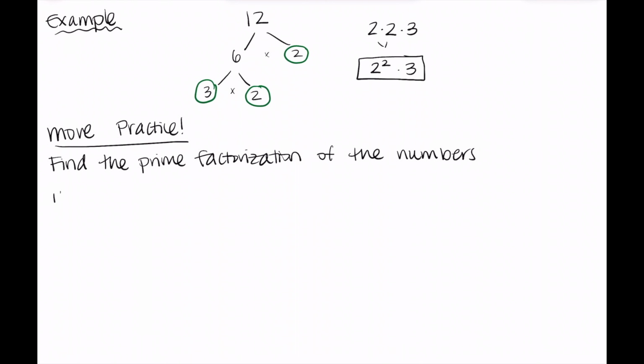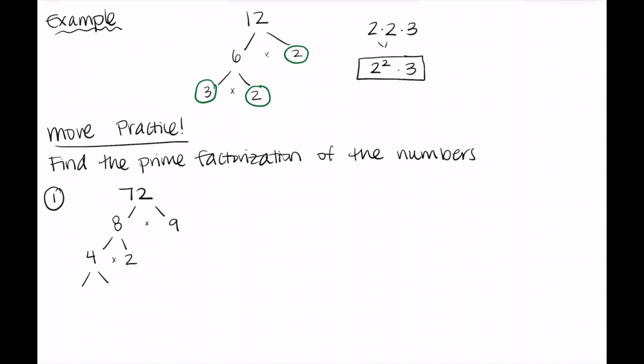For our first example, we're given 72. Same as before, any two factors of 72 work here. 72, we can break into 8 times 9, right? And then both of these factors, we can break up. So let's start off with the 8. The 8 breaks up into 4 times 2. The 2 is great. We can leave that one.